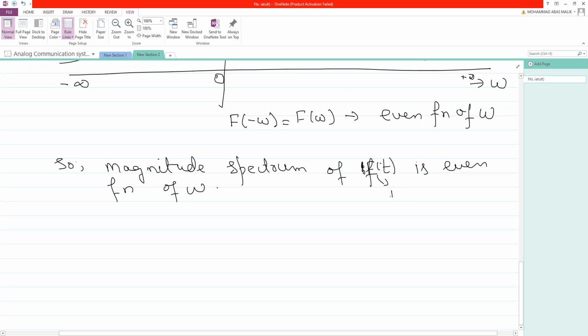Now, in general, you can conclude the magnitude spectrum of any real signal will always be even. Magnitude spectrum of a real signal will always be even.